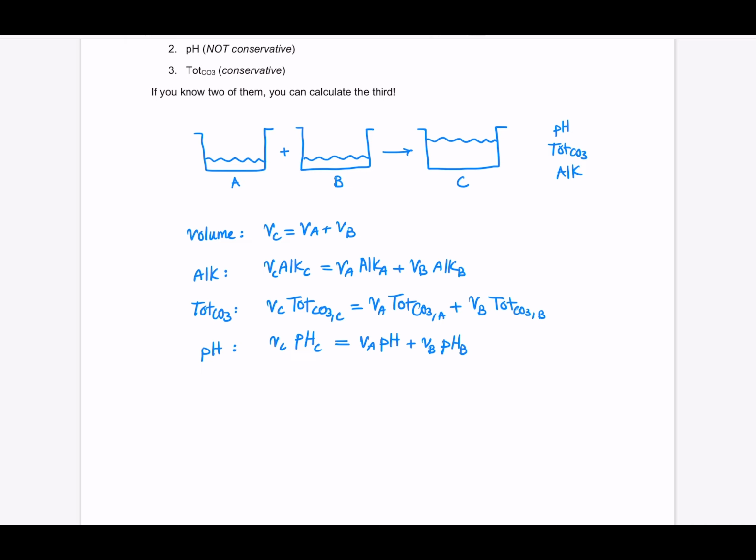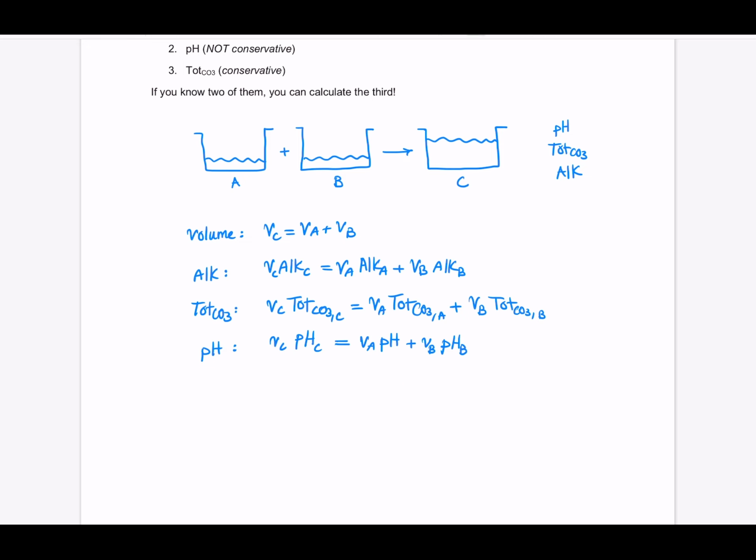Does it make sense? What's the basis of this one? This is a mass balance eventually, a conservation of mass. This is a conservation of mass also. But here you're bringing in a mathematical operation, p, which is not necessarily related. It's basically a minus log of something related to mass.